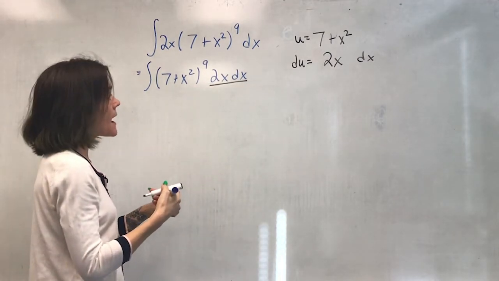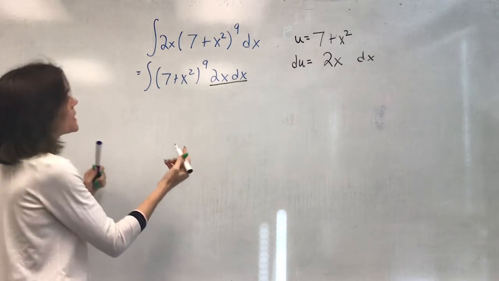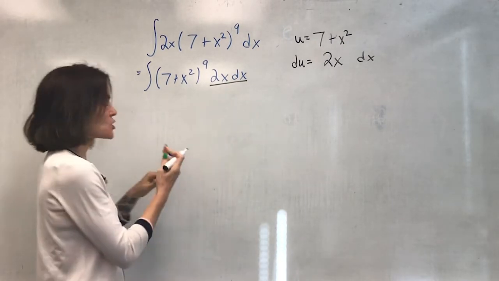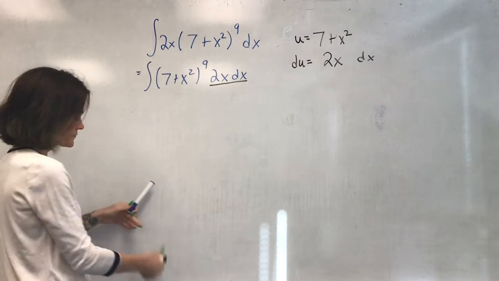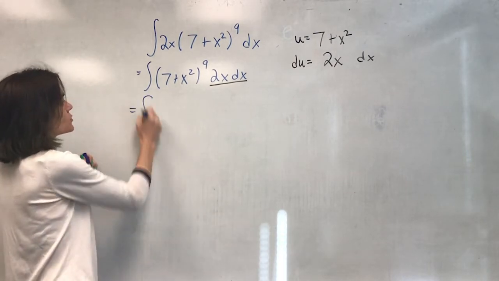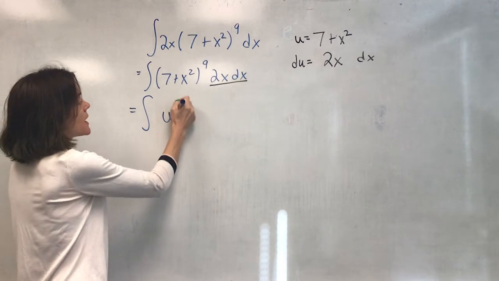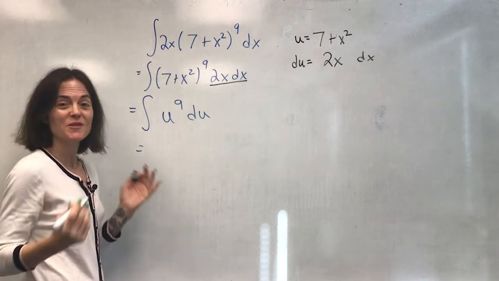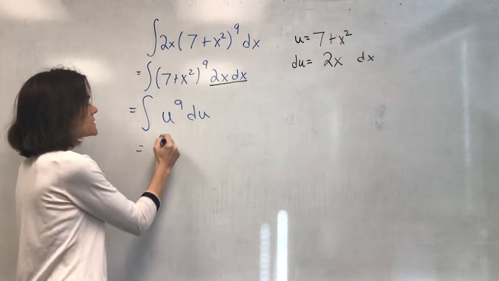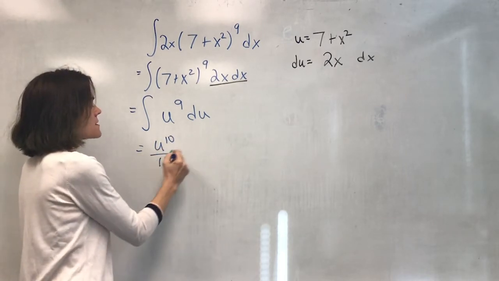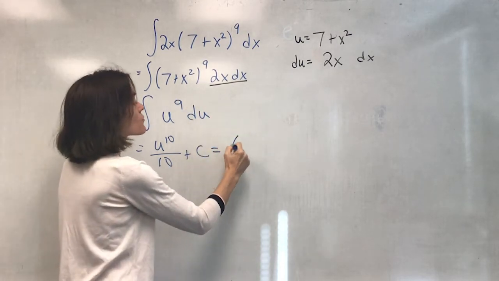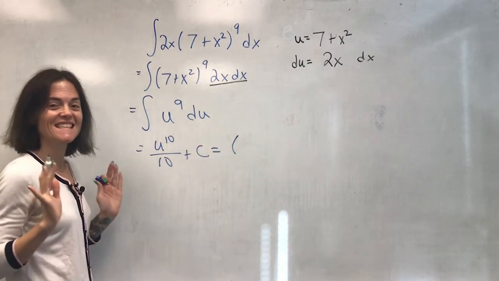Okay, now the next step is, you see we have exactly du. So we convert the entire integral to one of u. This is a u to the 9, and then we have du. And then we integrate with respect to u: u to the 10th over 10 plus c. Finally, we go back to our original variable, which in this case is x.